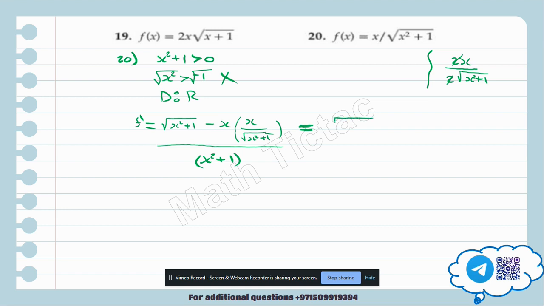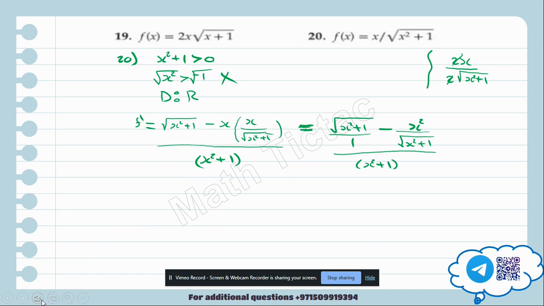This is square root of x squared plus 1 over 1, minus x multiplied by x, which is x squared, over square root of x squared plus 1, all over x squared plus 1.